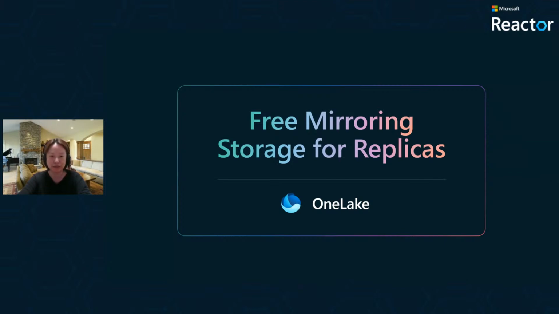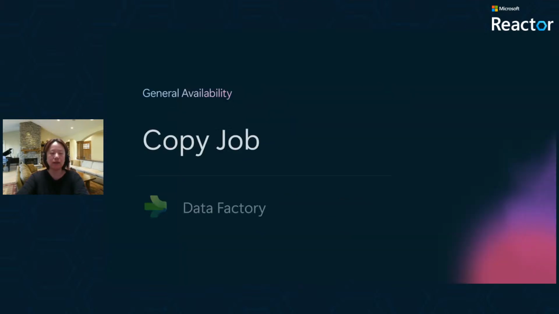feedback using the mirroring. So in addition to shortcuts and mirroring, another way to bring data into Fabric easily is through the copy job. Copy job is a top-level item in Microsoft Fabric, which we just announced generally available a few weeks back at Fabric conference.